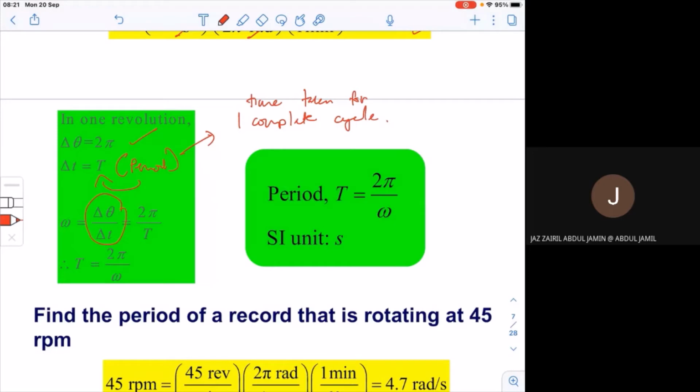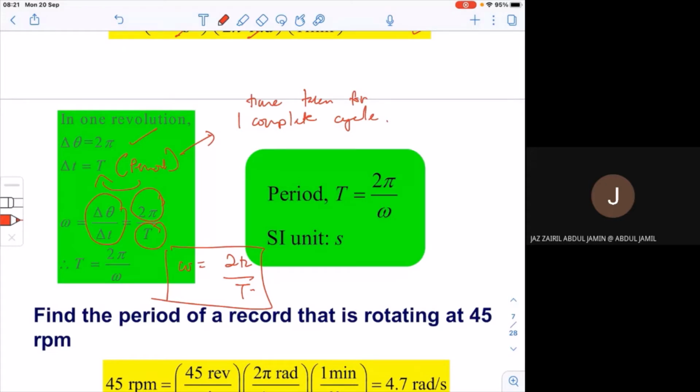We noted that in one revolution, delta theta is 2 pi, and the time taken for one complete oscillation is one period. So from omega, 2 pi over T, now we have another equation.